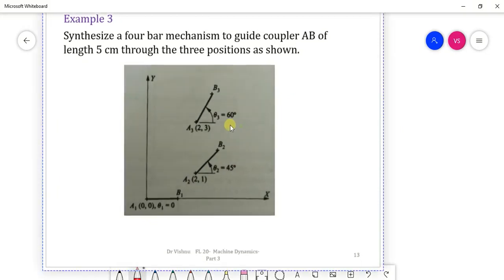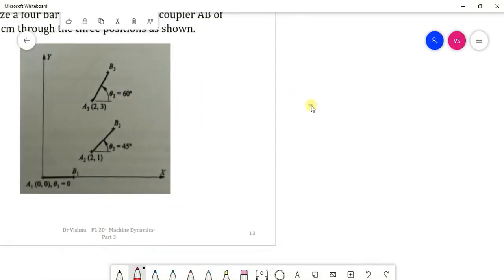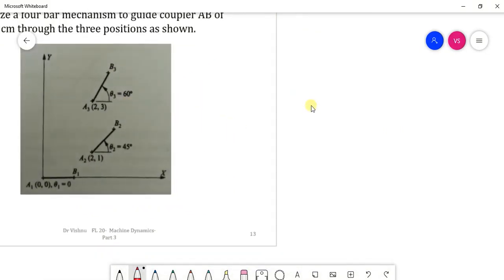So the first step, as we said, is to connect A1 with A2 first.